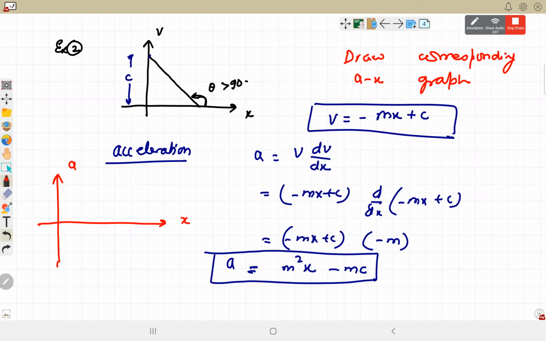Straight line. Slope is positive or negative?